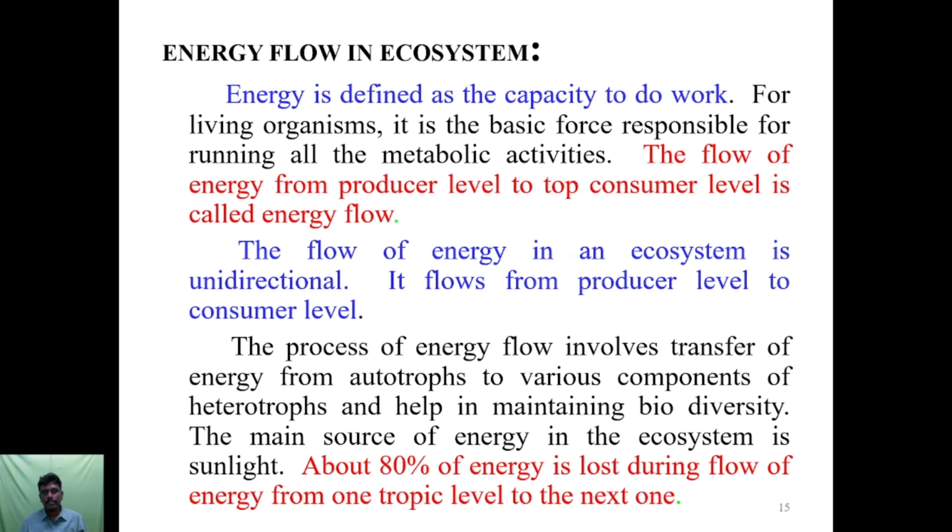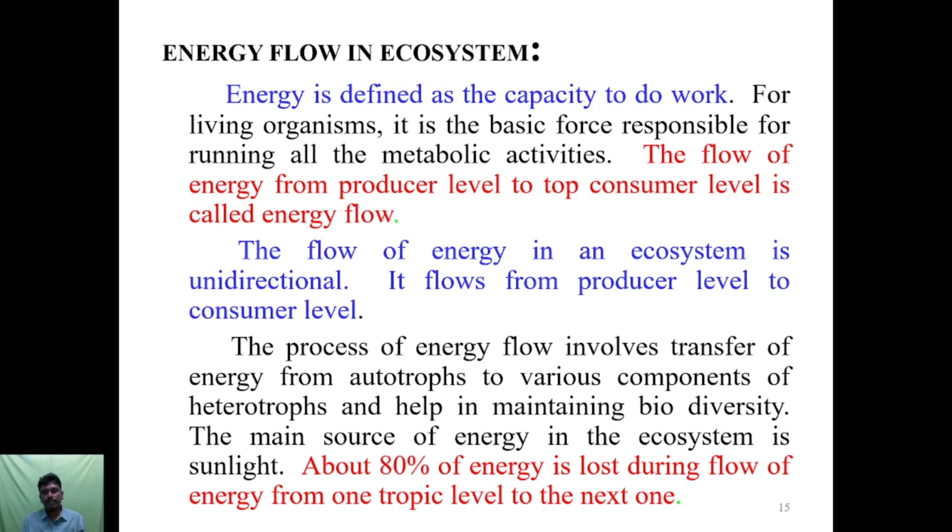That energy is converted into different types of energy from producer level to top consumer level. That flow of energy is called energy flow. The flow of energy in an ecosystem is unidirectional. It flows from producer level to consumer level.